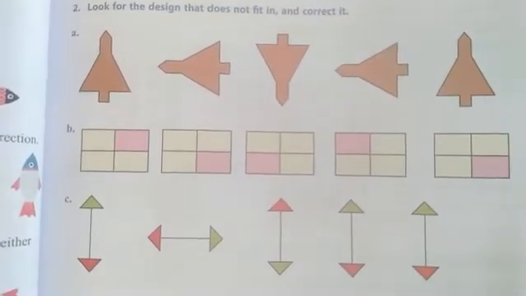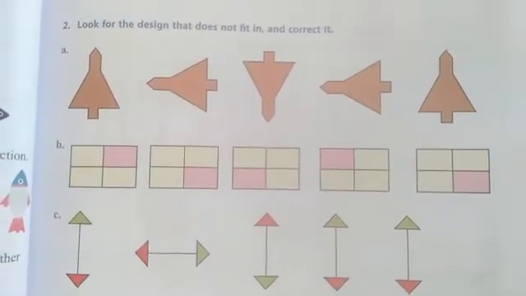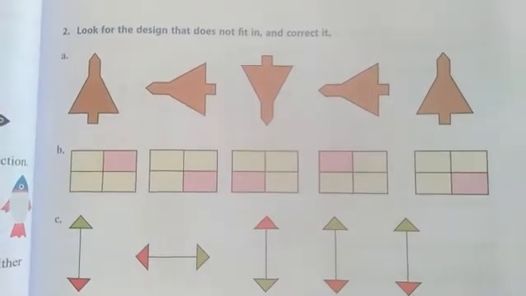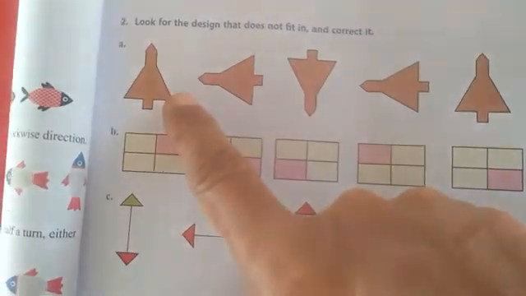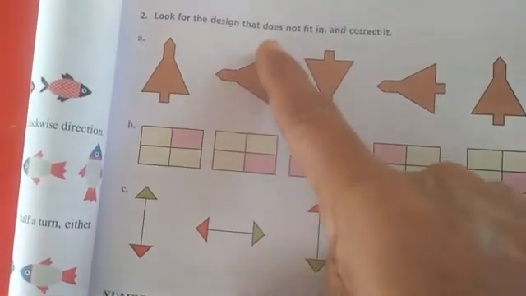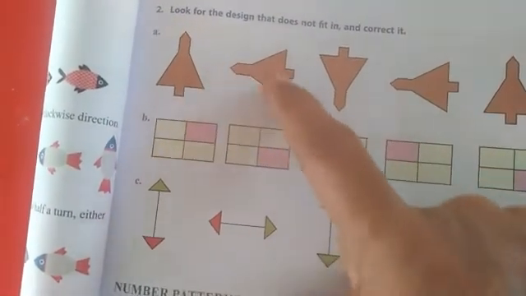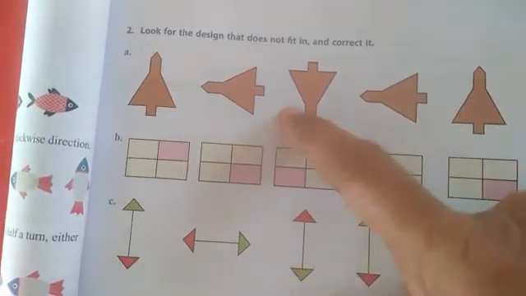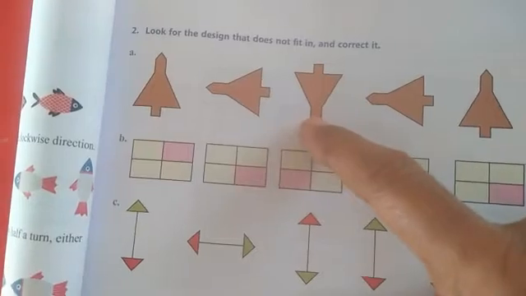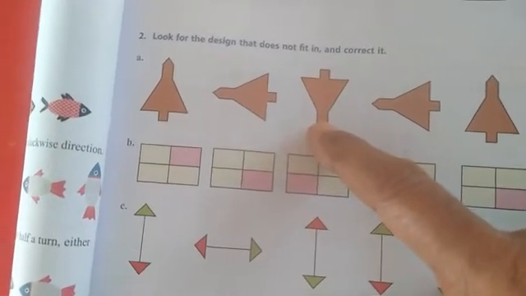Here this question is, look for the design that does not fit in and correct it. Here you can see this figure is rotating anti-clockwise a quarter turn. Again this is rotating a quarter turn anti-clockwise, you will get this figure.